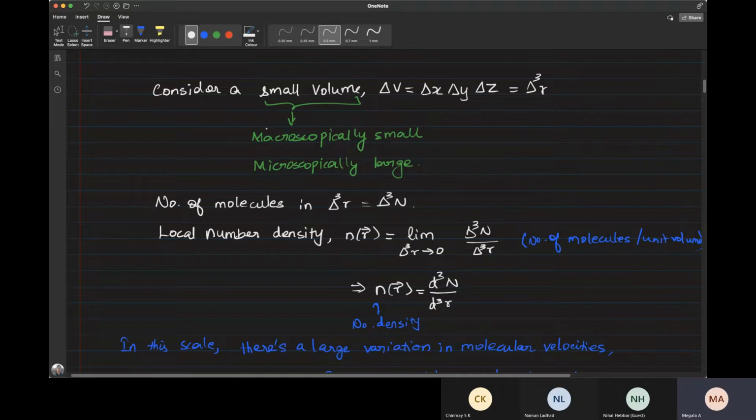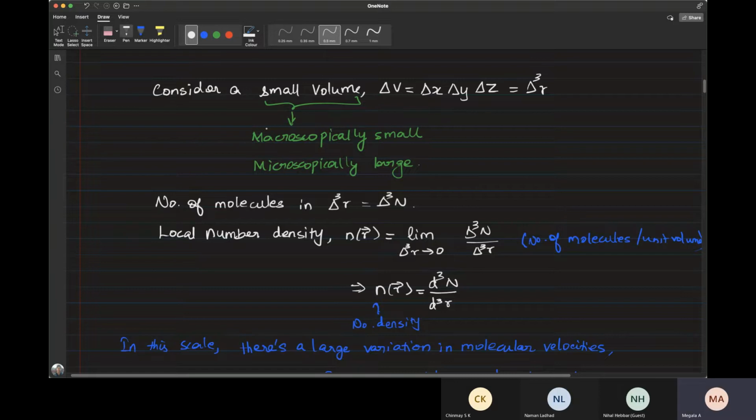But this volume is large enough to approximate the number of molecules into some probability distribution and go for statistical analysis. Instead of going for exact analysis of each molecule, it's microscopically large enough to go for statistical description. But however, it's macroscopically small enough to go for continuum hypothesis. That's what it means when I say that the volume is small.